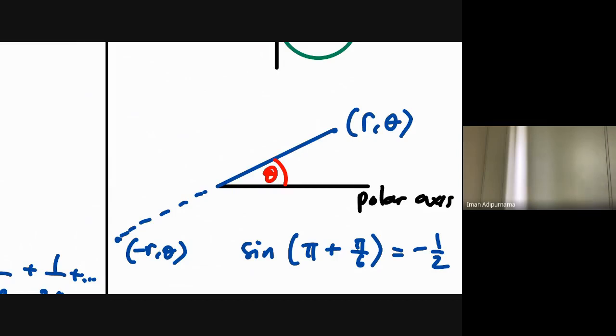You can try to draw this at home. I will attach some YouTube videos in the Moodle to help you observe what is happening in polar, like cos 2 theta, why the curve looks like a rose.